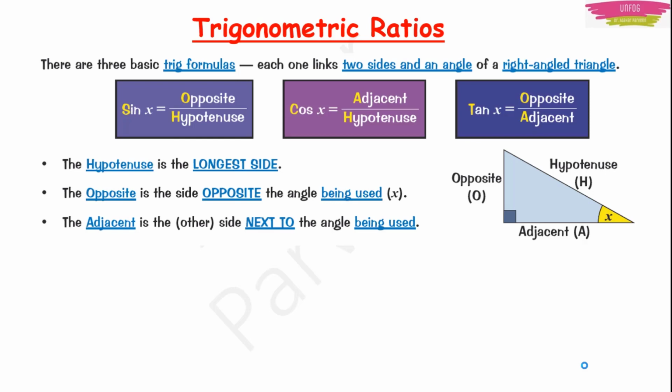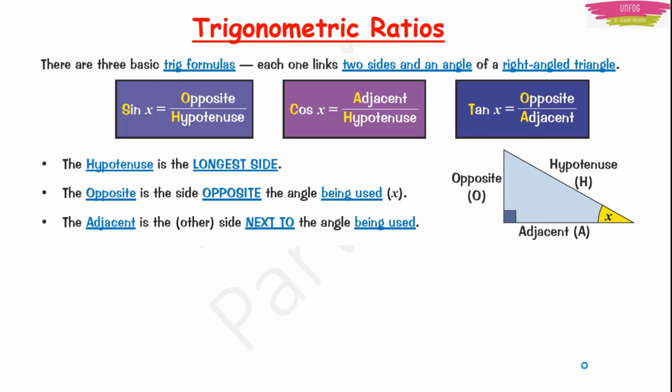Now coming back to the trigonometric formulas. If I want to find sin x, meaning the sine of the angle x, the formula for that is opposite side by hypotenuse of the triangle.